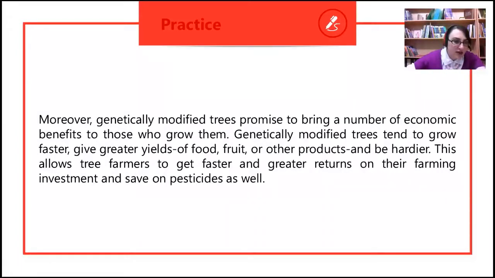Okay, last longer or long lasting. You can make a compound word, long lasting, okay? Moreover, now the second part. Your attention. Moreover, genetically modified trees promise to bring a number of economic benefits to those who grow them.